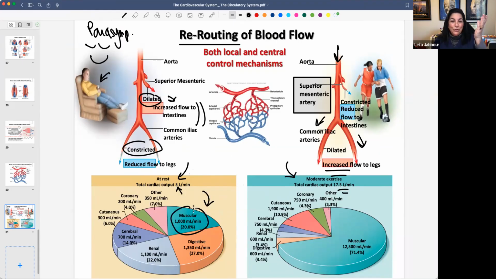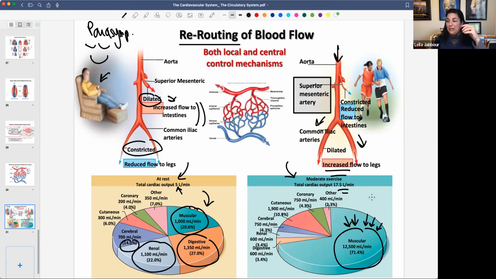So 20% to your muscles, because of course you still need to provide blood to your muscles. About 27% goes to the digestive system. Your kidneys, they never take a break. 22% of this blood goes through the kidneys, and your brain, 14%. And I don't need to go into the rest. But when you are exercising, a lot of this blood is going to your muscles, because that's what's working the hardest at that point.